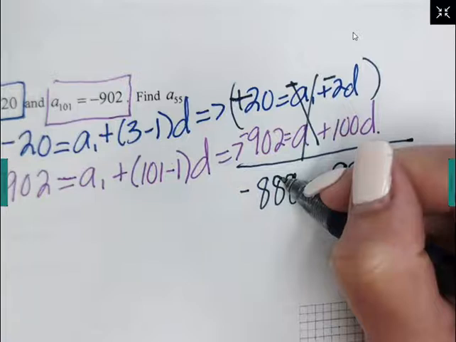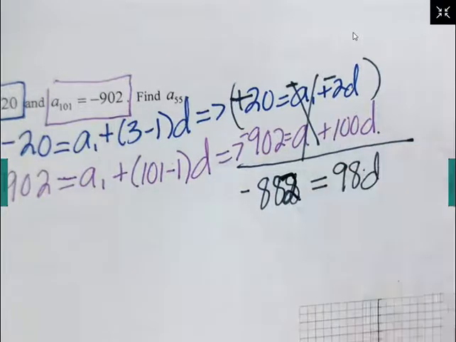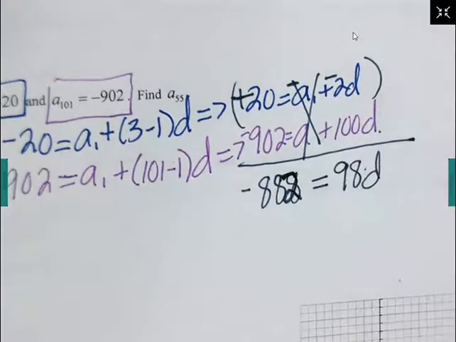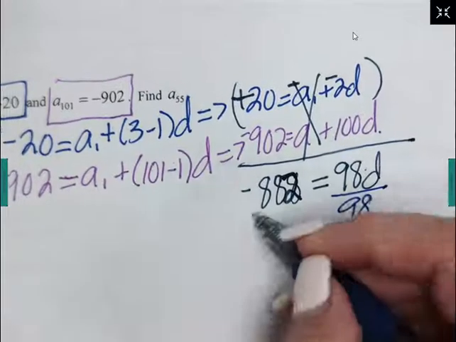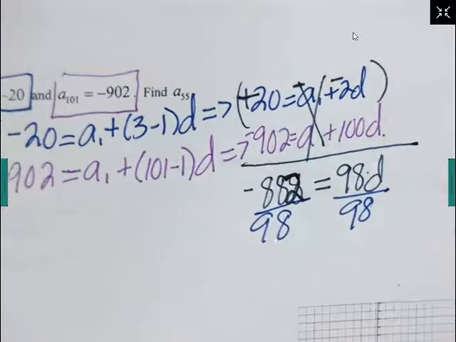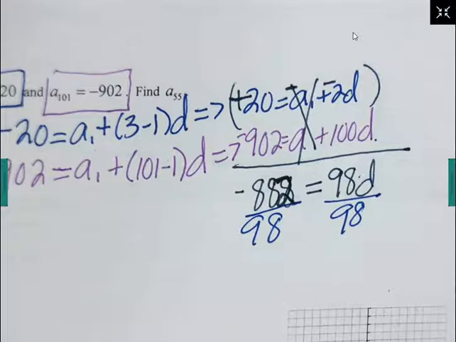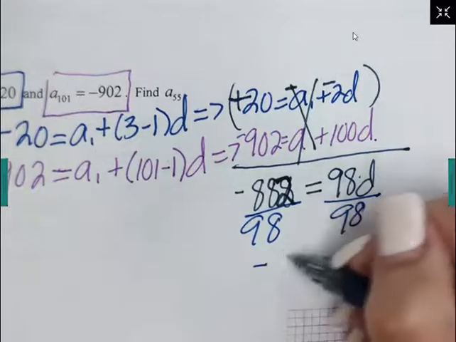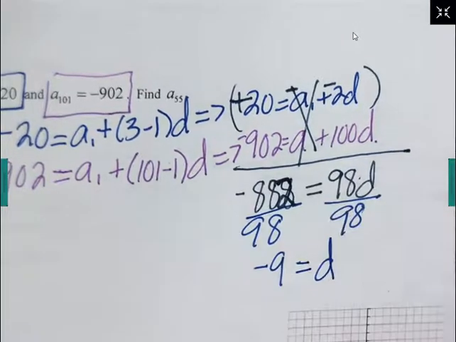Yeah, it's 82. And when we divide both sides by 98, what do we get? Negative 9. Negative 9 is d, which is our common difference.